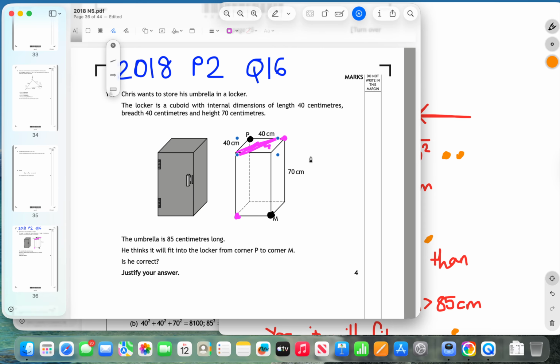Some pupils calculated this one, and many others calculated this one, but it has to be the space diagonal, not the face diagonal.